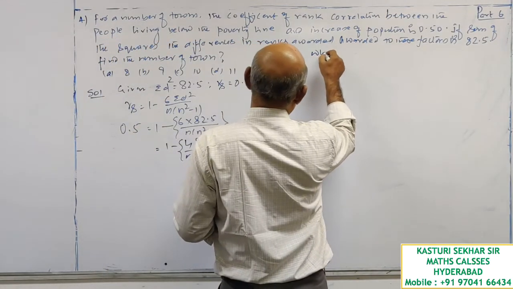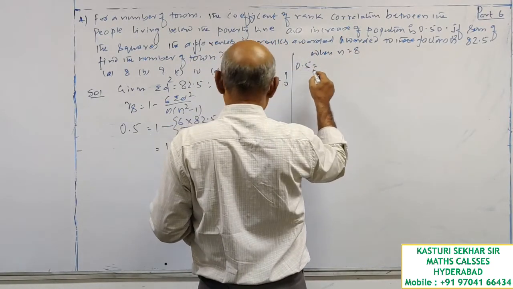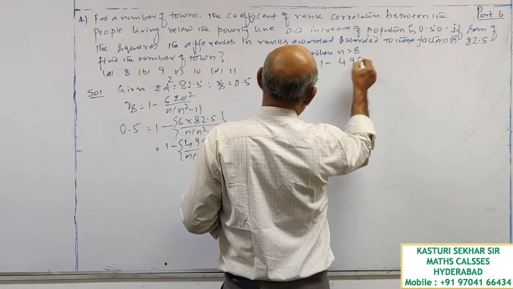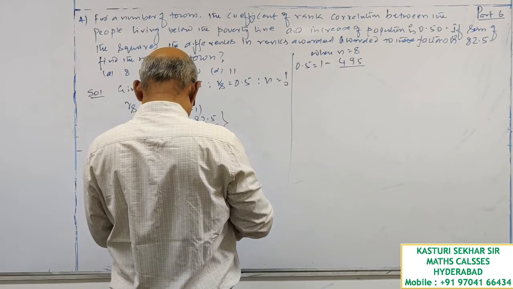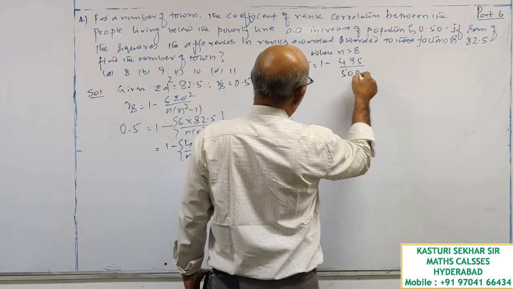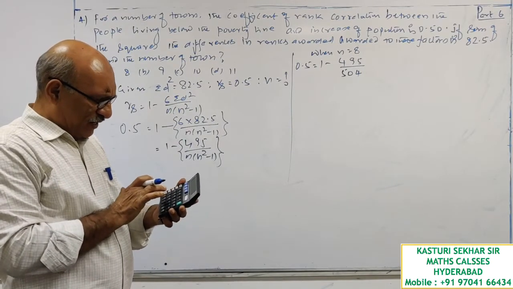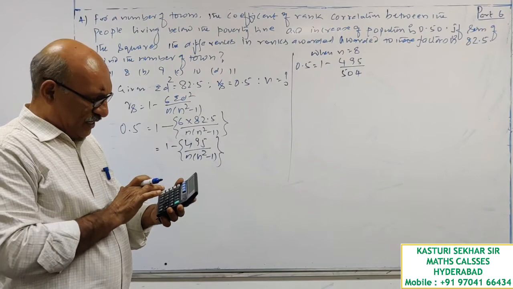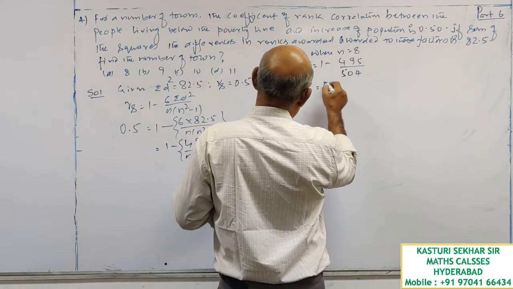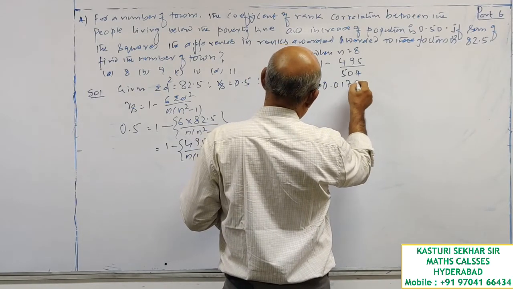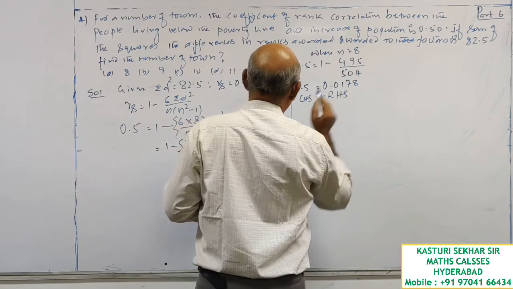Now from the options, when n is equal to 8, 0.5 is 1 minus 495 divided by 504. So 495 divided by 504 minus 1 gives 0.0178. Left hand side is not equal to right hand side.